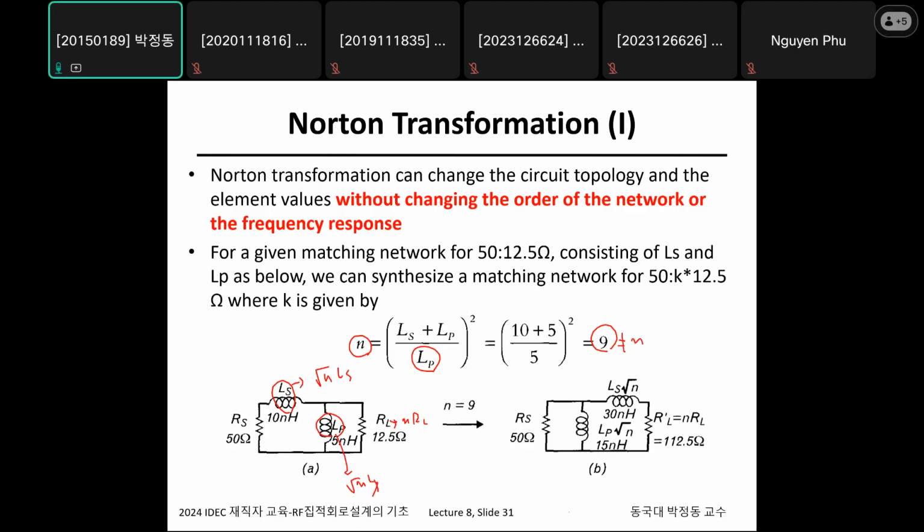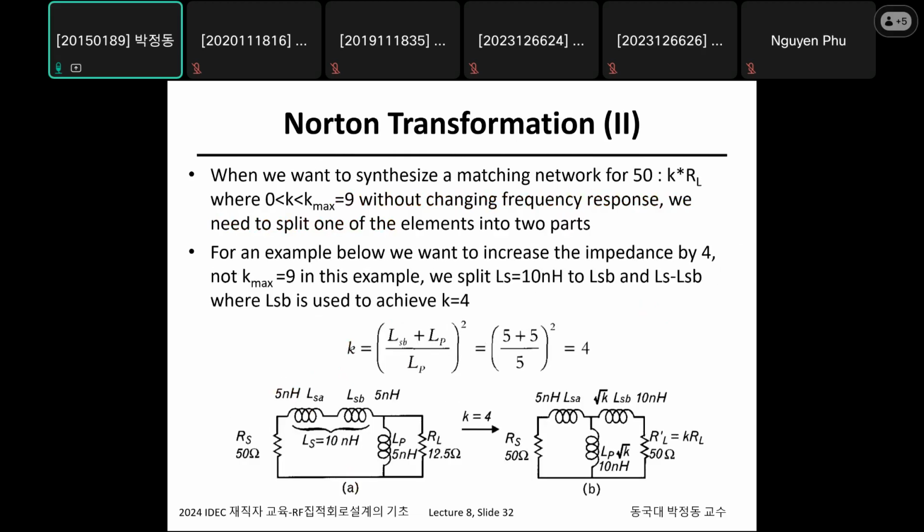Then what if n is different from 9? What if n is 4? How can you do this? Then there is a way. Actually, I have to check this. In this example, I want to make n equal 4.